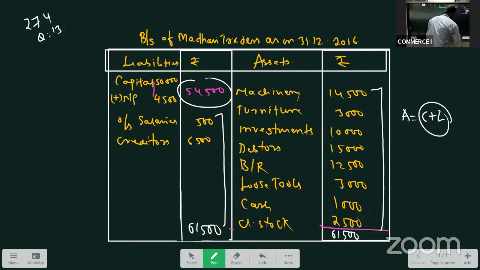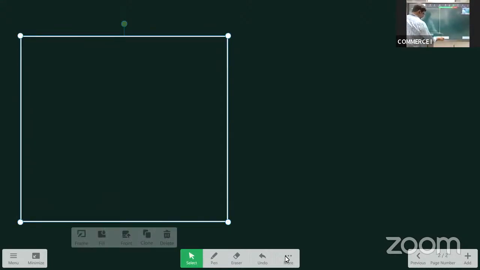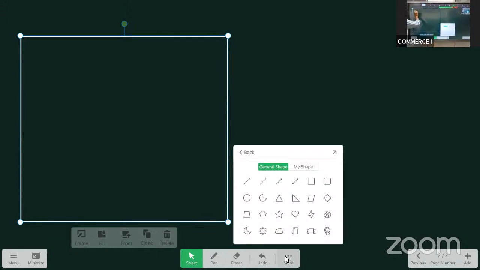Let us first draw the formats. We are doing it simultaneously. We'll first prepare trading account, so this is our trading account.